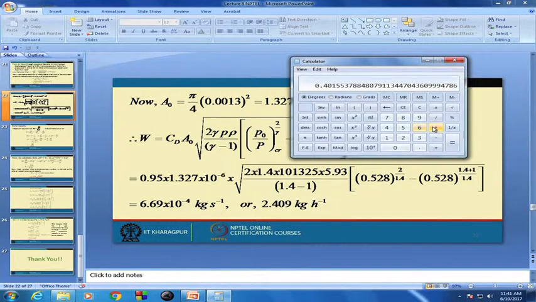So this multiplied by 2, multiplied by 1.4, multiplied by 5, multiplied by 101325, multiplied by 5.93, right. So this is equal to that, divided by 1.4 minus 1, that is 0.4, right.